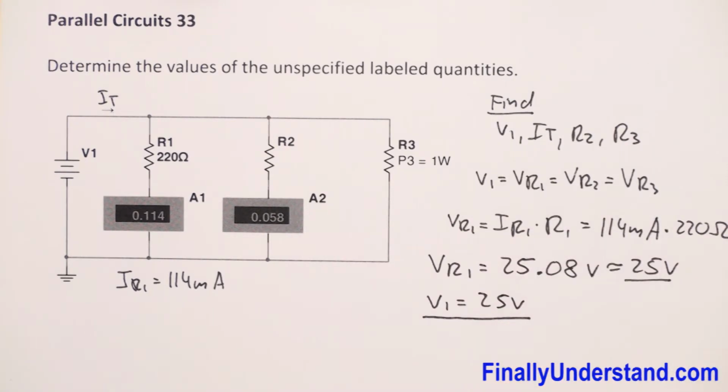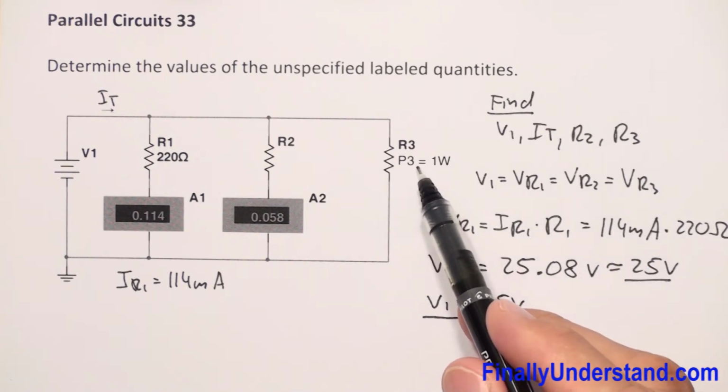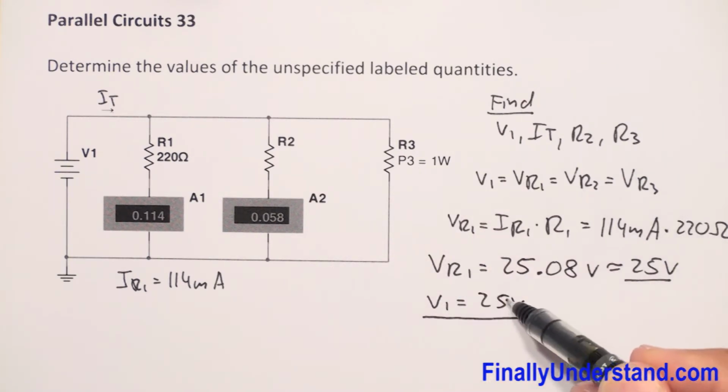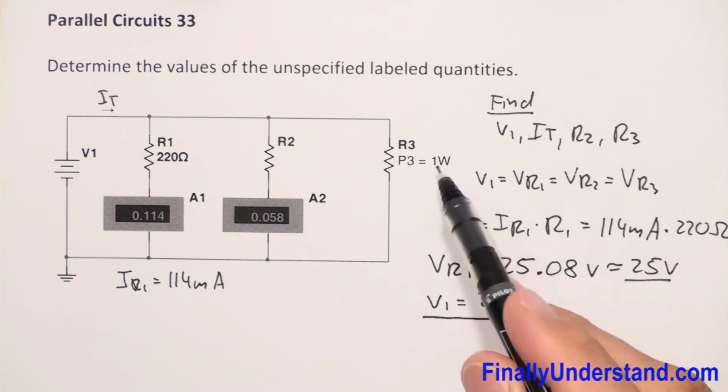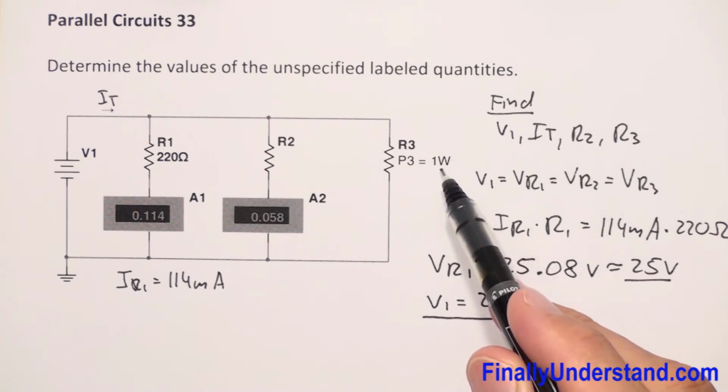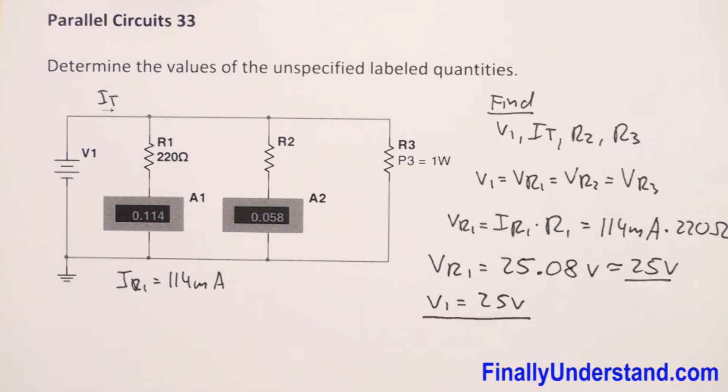Next, we can find the current which goes through this resistor, for example, right? Why? Because I have already voltage, and I have already power. We have a formula which says P3 is equal to IR3 times VR3.